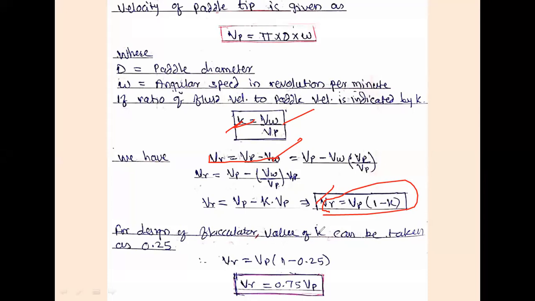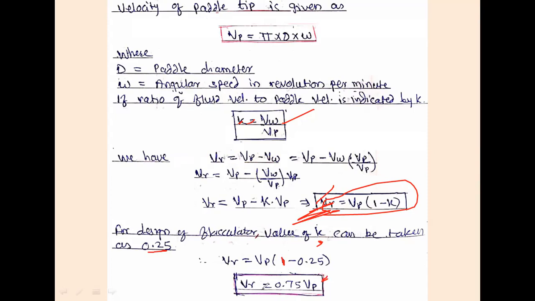For the design of flocculator, the value of k, meaning the ratio of velocity of fluid to the velocity of paddle, can be taken as 0.25. So if I put that k value equal to 0.25 in this equation, then I get Vr equal to 0.75 Vp.